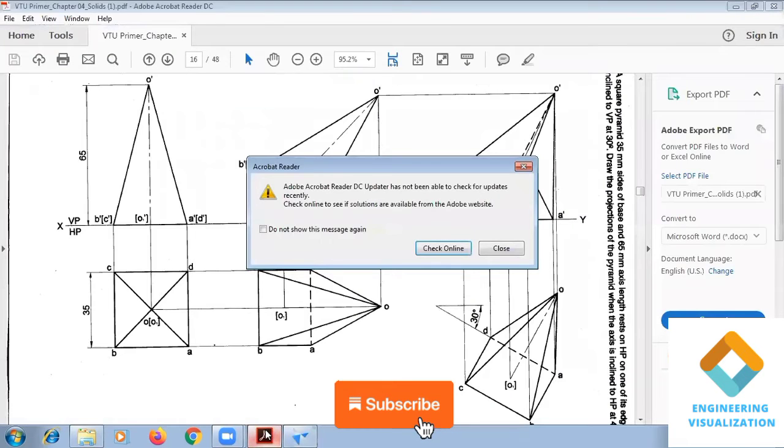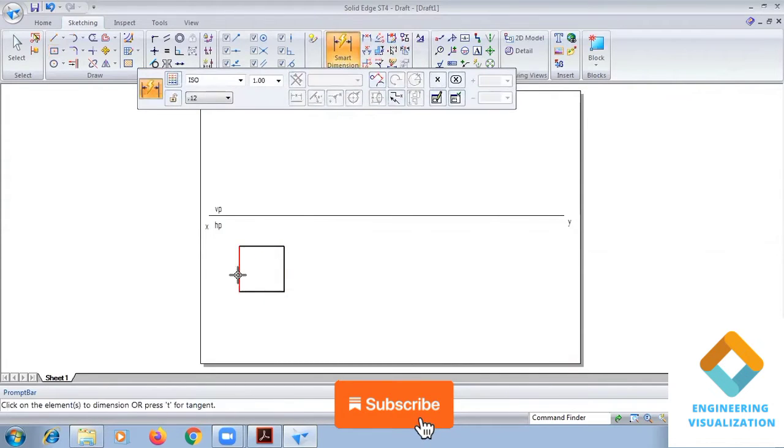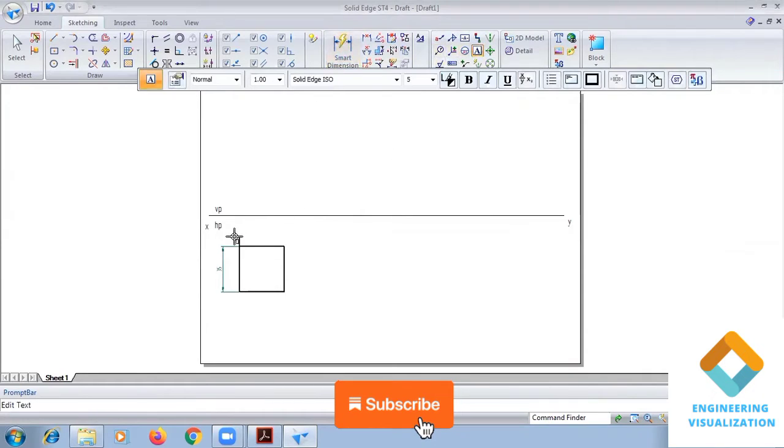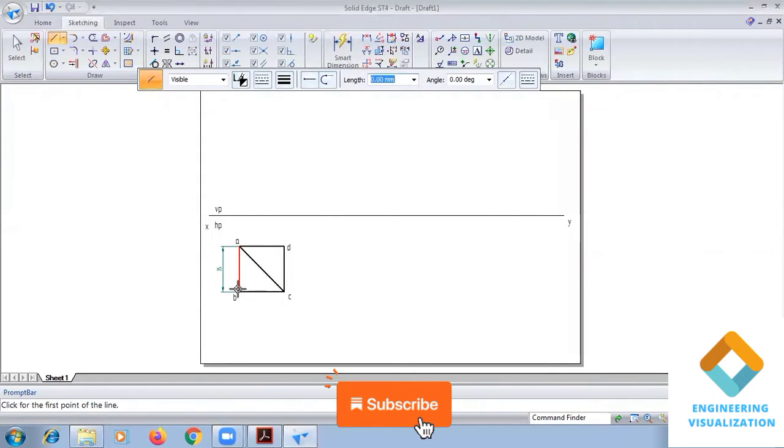Square of dimension 35. So now we draw the slant edges. These slant edges have to be thick lines because these are slant edges.